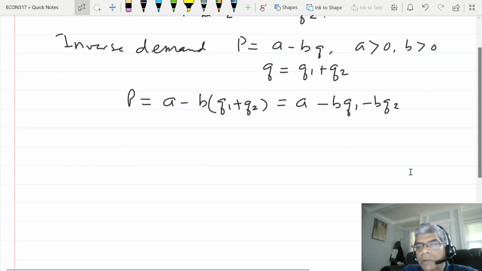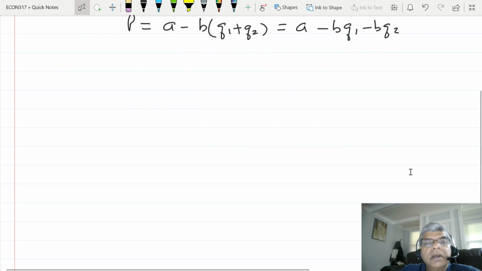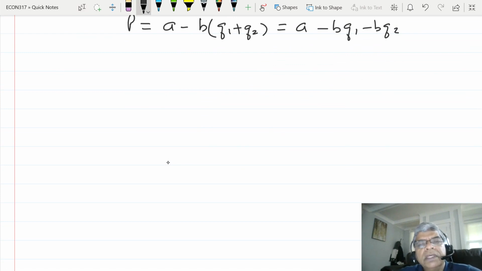In Cournot Duopoly, the firms decide how much to sell without knowing the quantity sold by the other firm. In other words, each firm takes the quantity sold by the other firm as given.